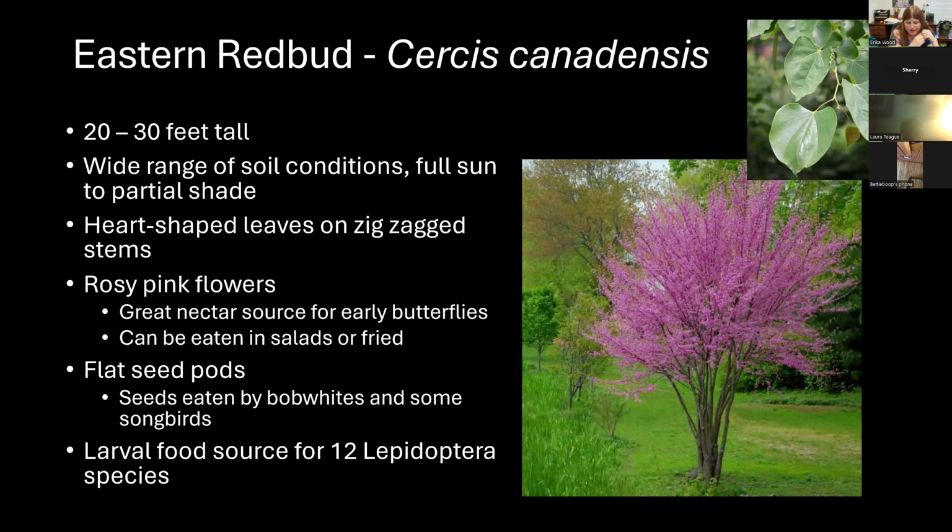There are cultivated varieties of redbud. You can have more mature green leaves, but there are cultivars out there that have more of this purpley, burgundy, even bronzy leaf coloration to it.